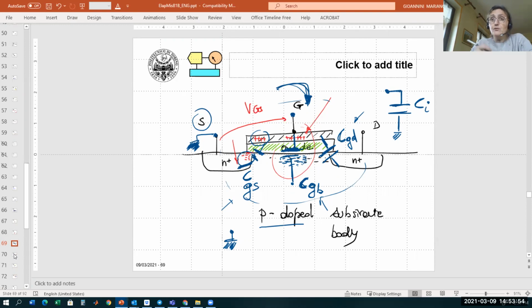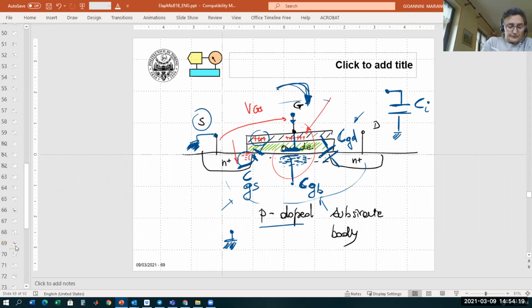And if we are in static condition, how much is the current entering in the gate? Any idea? Is this current 0 or higher than 0? Is there a gate current? The current is 0.